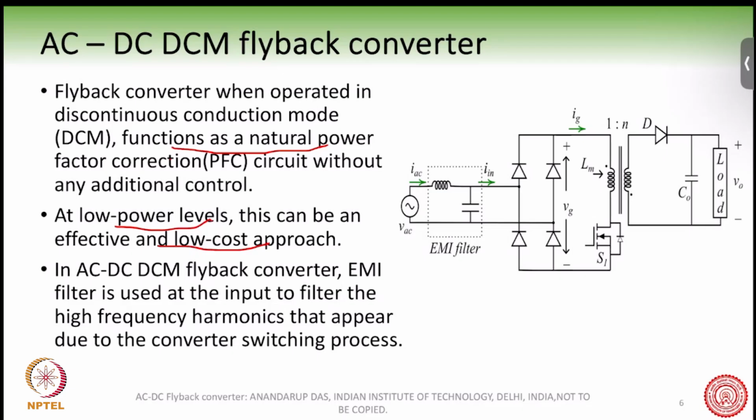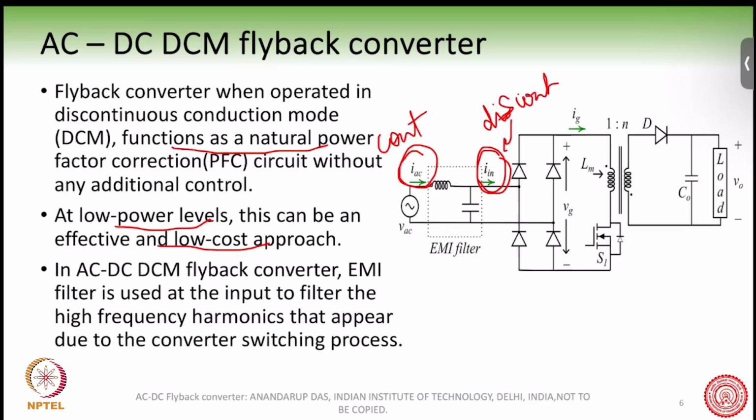One thing that we will see here is that this current, because it is a discontinuous conduction mode, automatically means that this current here is discontinuous. Whereas we want this current here to be continuous. So this current must be continuous from the grid point of view, whereas this current here is discontinuous.